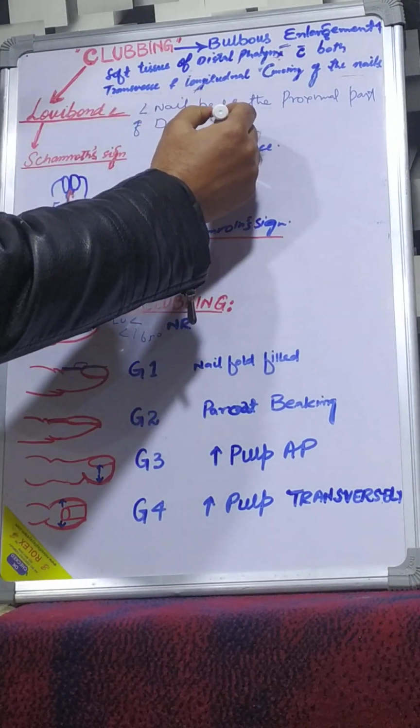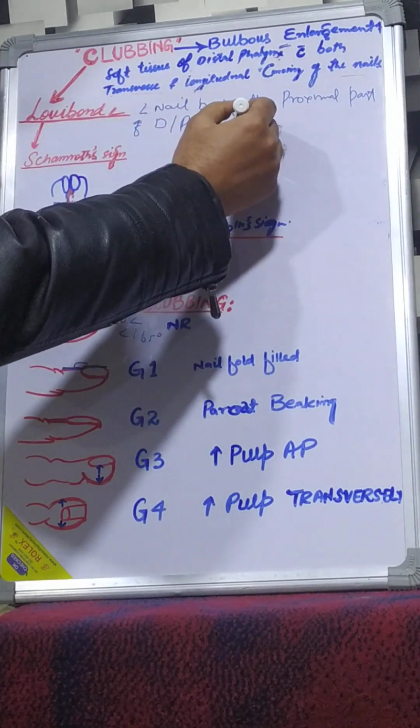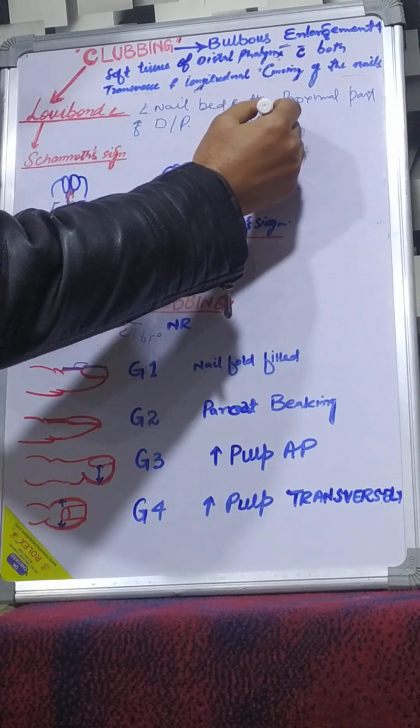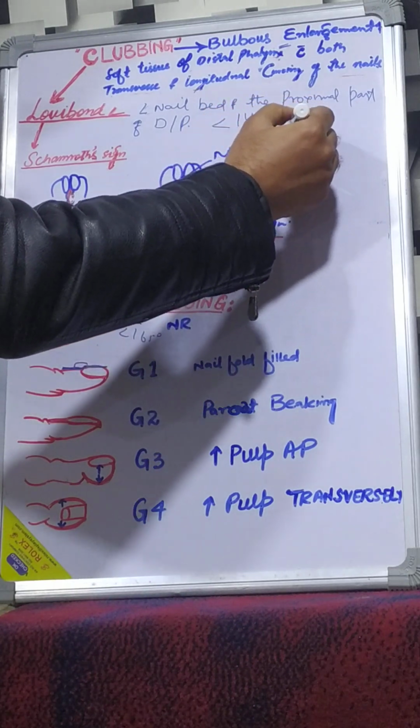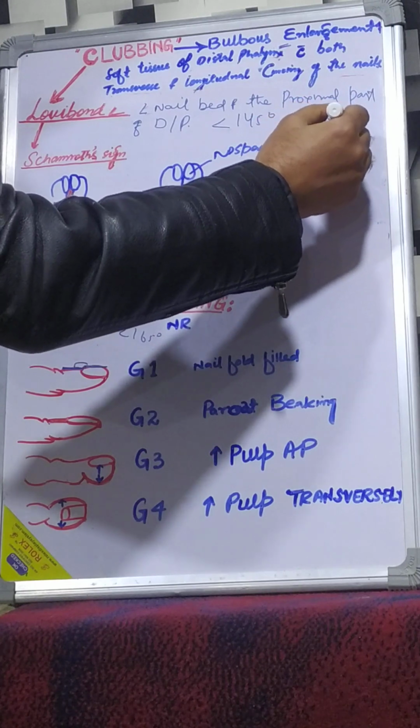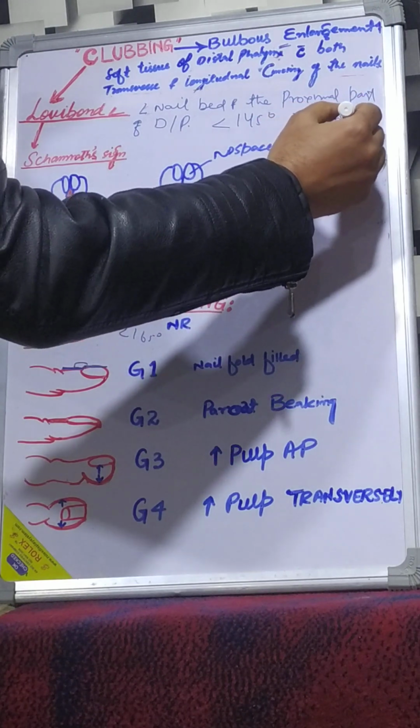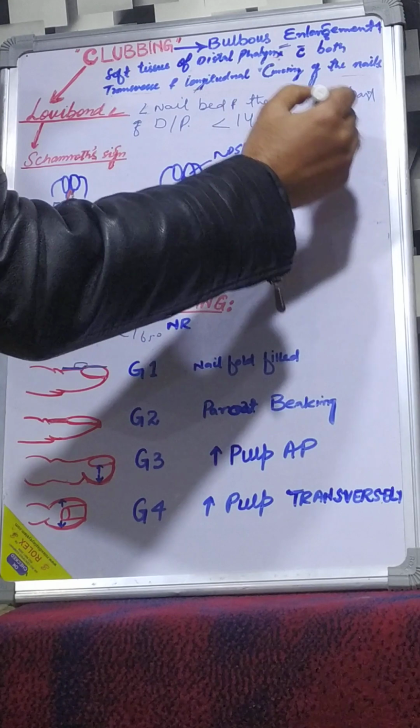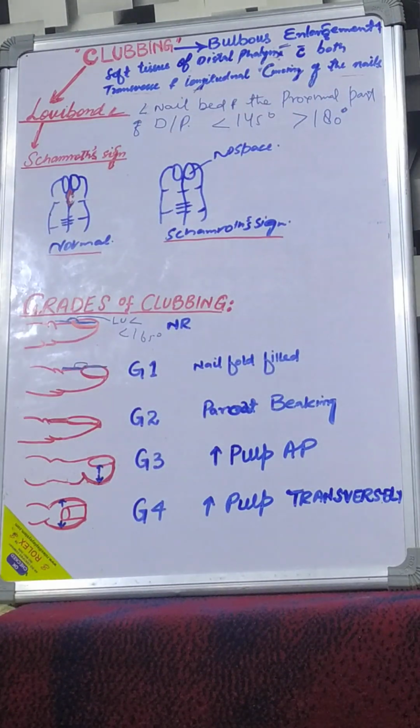Its normal value is less than 145 degrees. When it is greater than 180 degrees, it is indicative of clubbing. That means the person is having clubbing.